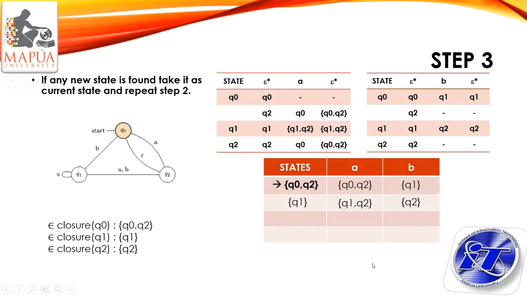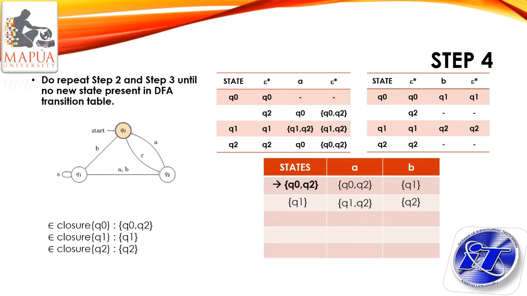So let's get the path for Q1, Q2. In Q1, Q2, if it's A, the result will be Q1, Q2 union with Q0, Q2. Therefore, all states could be reached through A. And for B, Q1, Q2 just goes to Q2.